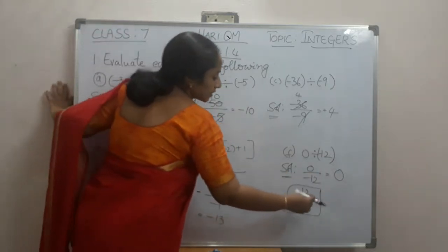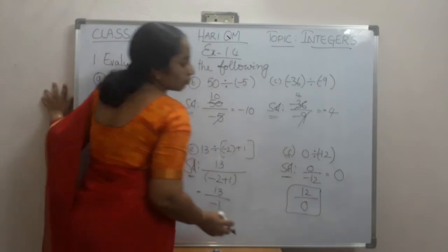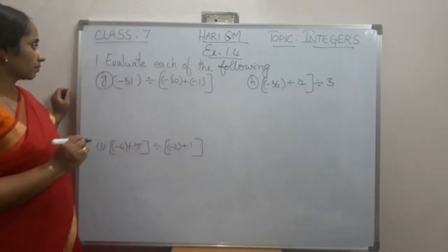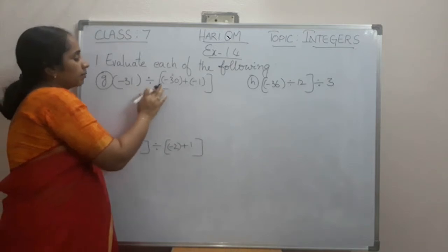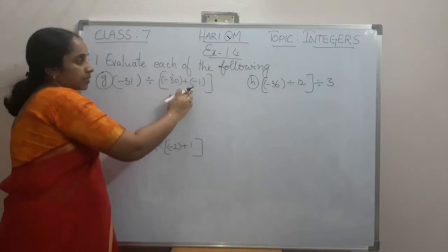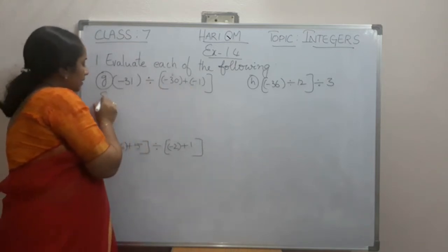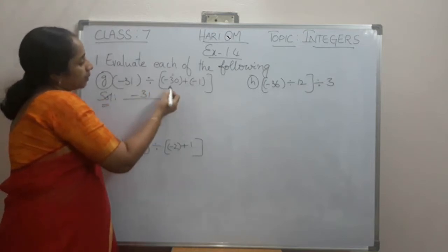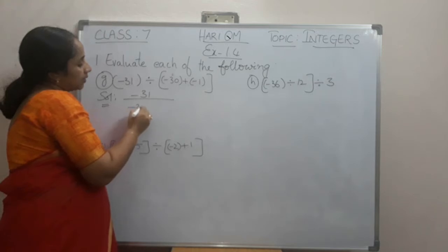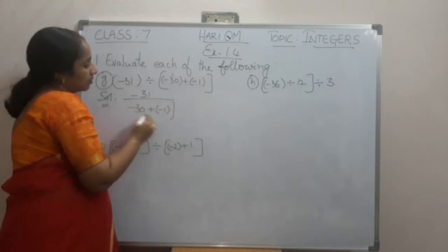Okay. Here this is an indeterminate form. In this problem, minus 31 divided by minus 30 plus of minus 1.